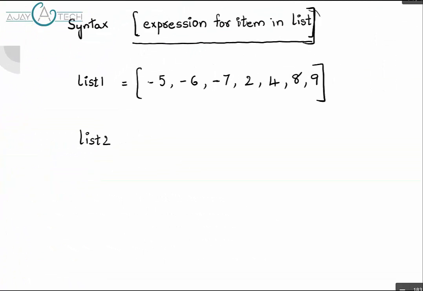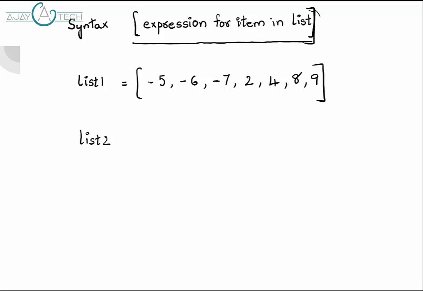So we have considered 2 examples for list comprehension. Now let's discuss the third example, where elements in list 2 will be included only if they satisfy a certain condition. So list comprehensions can utilize conditional statements.